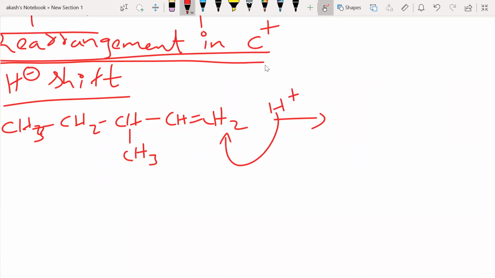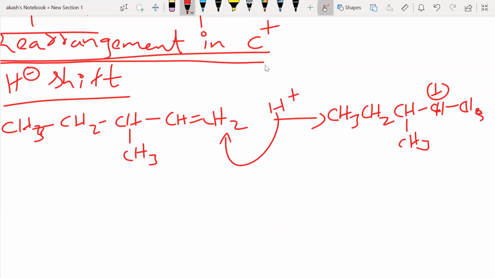I will be getting CH3, CH2, CH, CH3, CH plus, CH3. The H plus has been added, so this is the secondary carbocation.